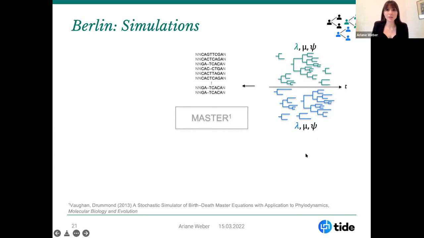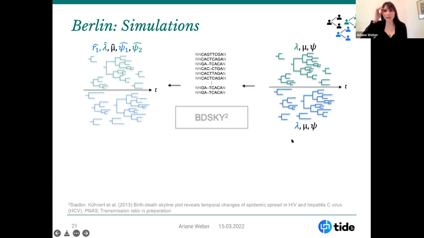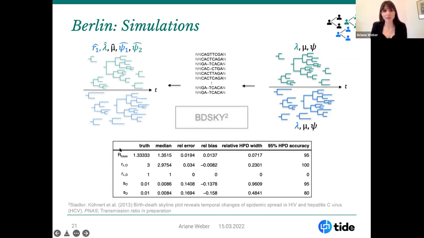Then we simulate sequences along these trees, and then again use BD-SKY to re-estimate the trees and the epidemiological parameters to see how well we can, in this case, infer the scaling factor. And here you can see the result of one of those simulation studies. What we're actually interested in here is this R lambda O, for which the true value is 3, which means that the ratio between this blue transmission rate and this green transmission rate we set to be 3.